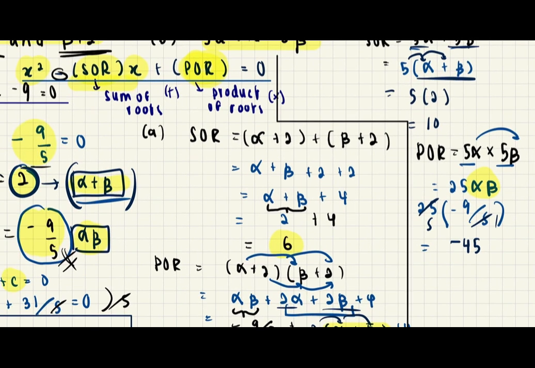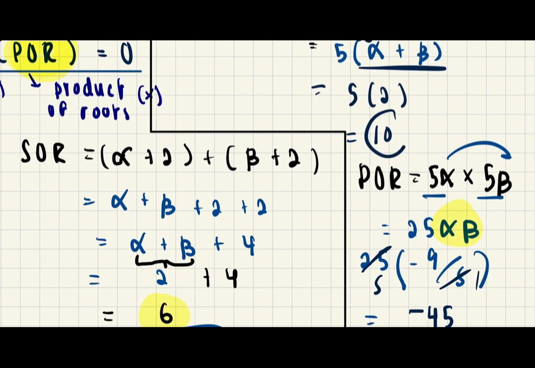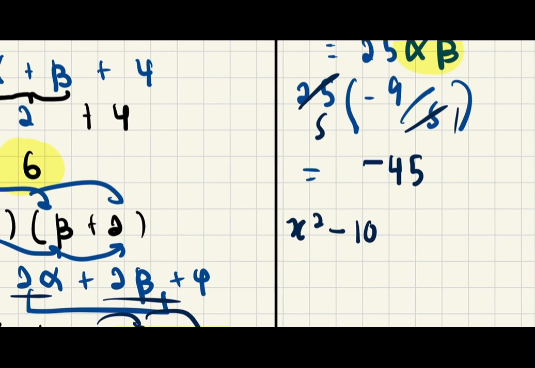So now you simply put in the quadratic x squared, and then minus, what is our first one, 10, and then put your x plus negative 45. Instead of putting plus, you put negative 45, equals 0. So this is your final answer for your quadratic.